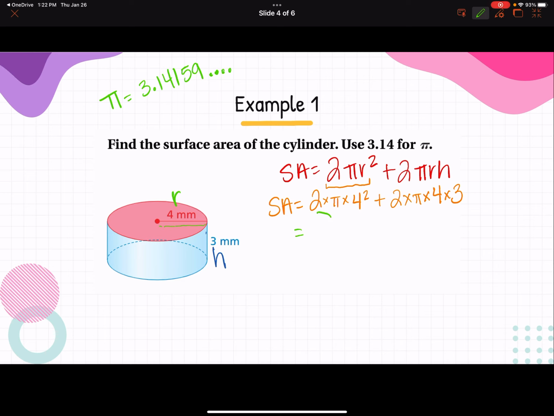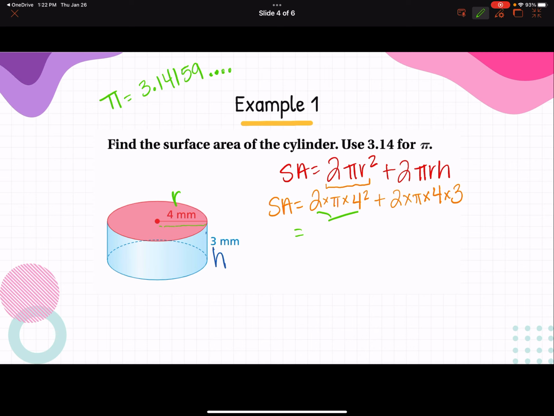So for this first part here, I'm going to type in 2 times pi. I'm going to hit the pi button on my calculator. It should be down the left side of your calculator if you have one like mine in class. If you have a different one, you can email me a picture and I can show you where yours is, but it should be easy to find. It has a picture of pi on it.